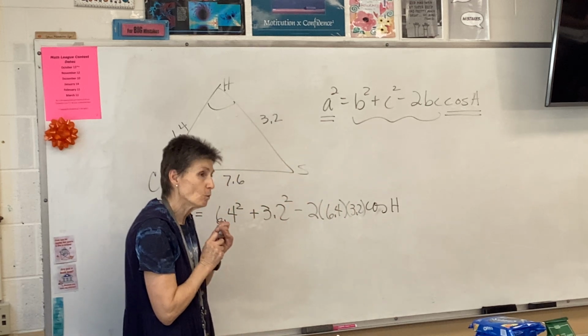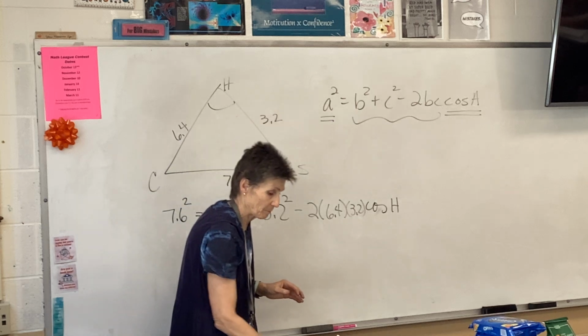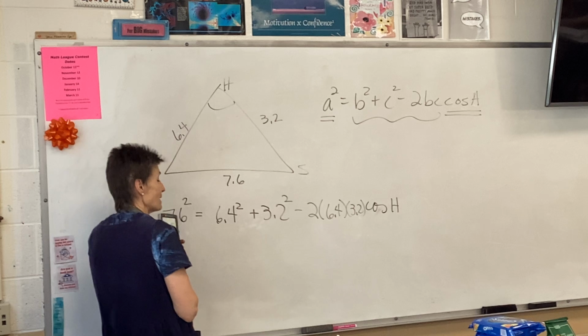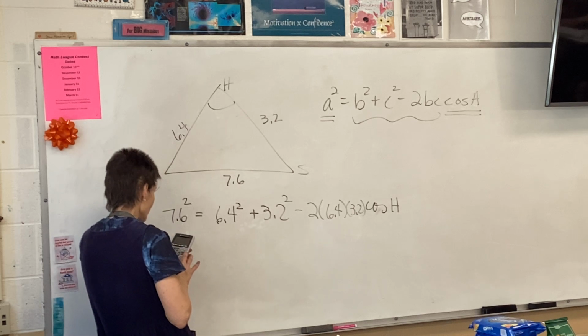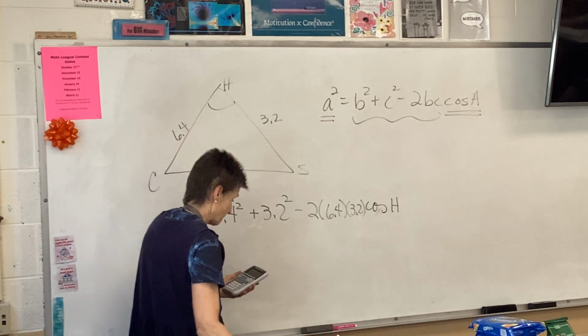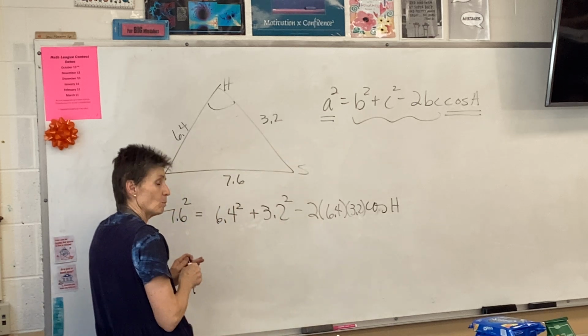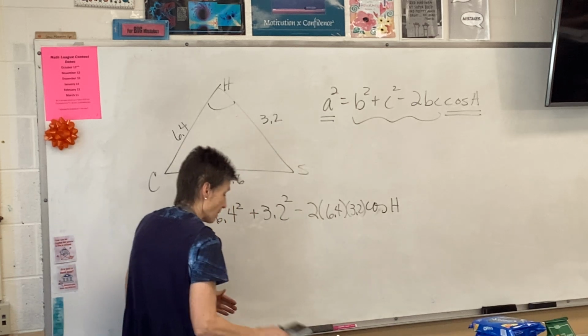Now, be careful when you type this in. All right? Go through it step by step. I'm going to do 7.6 squared. You cannot type this one all in at once, so that's why I'm doing it step by step.